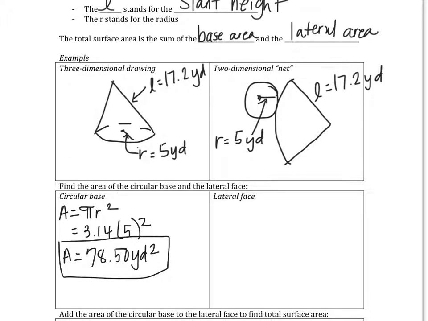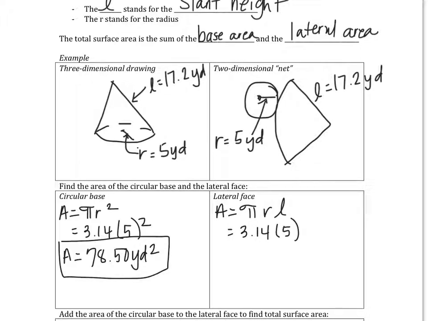Now we just need to find the lateral face, and we already have the formula for that, and that is pi times radius times slant height. So we have 3.14. We know our radius is still 5.